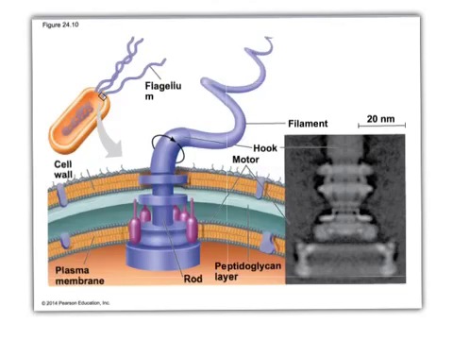The hook protein is an attachment to the filament. The filament is the extension of the flagellum itself. The purpose of the motor is to rotate the hook. The hook rotates, and then the filament goes with it.